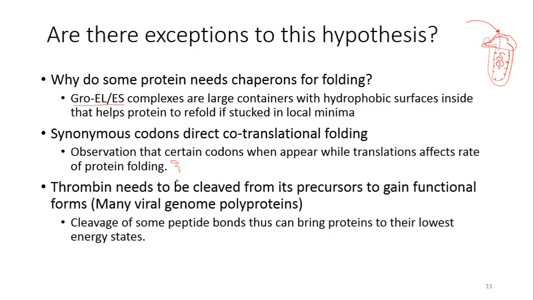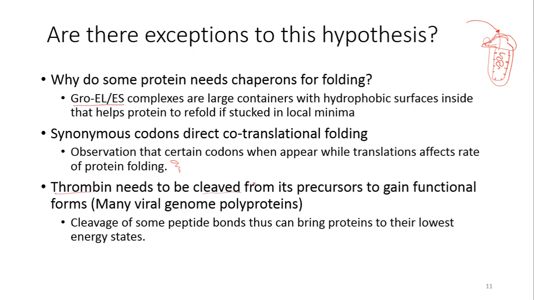Okay, the third case that I would like to discuss is about thrombin. Okay, so you know that thrombin is usually generated in its precursor form, right? And this precursor form of thrombin needs to be cleaved.